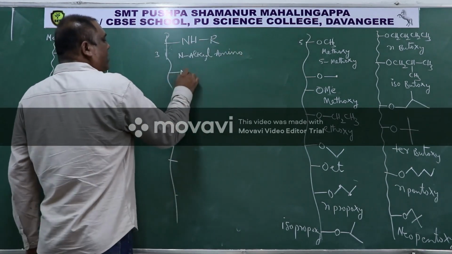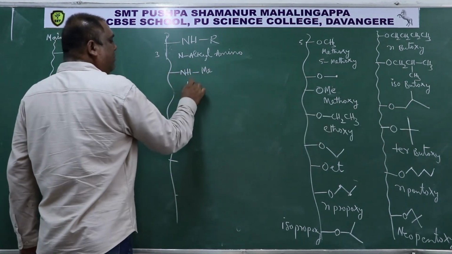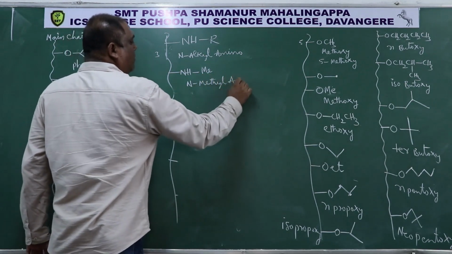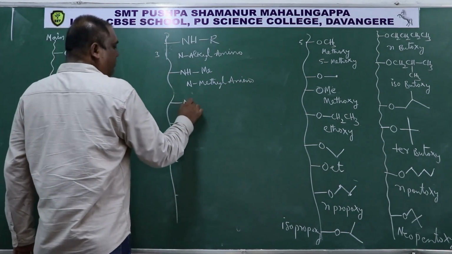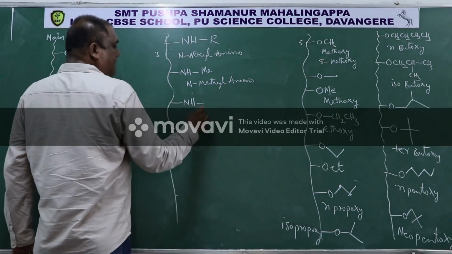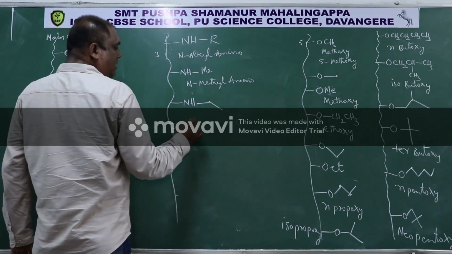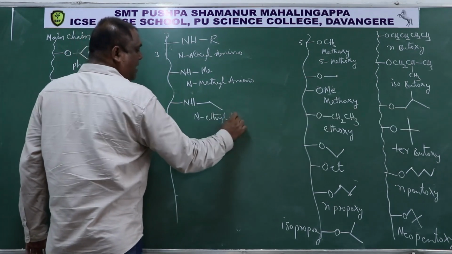So now, if that R is CH3 or methyl group, it is called N-methyl amino. If it is CH2CH3, then it is called N-ethyl amino.